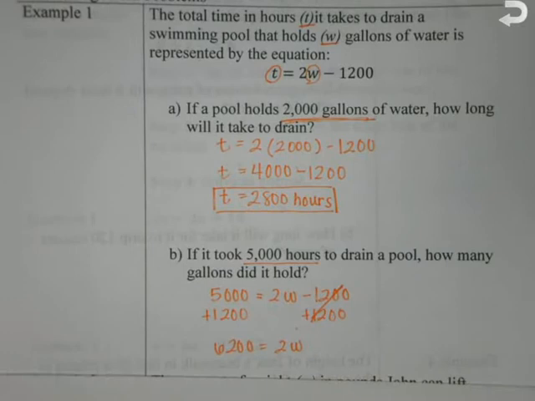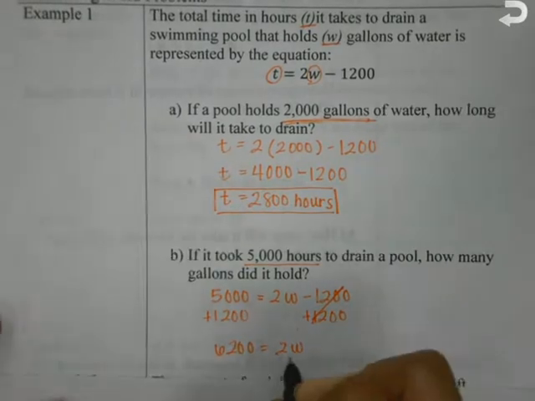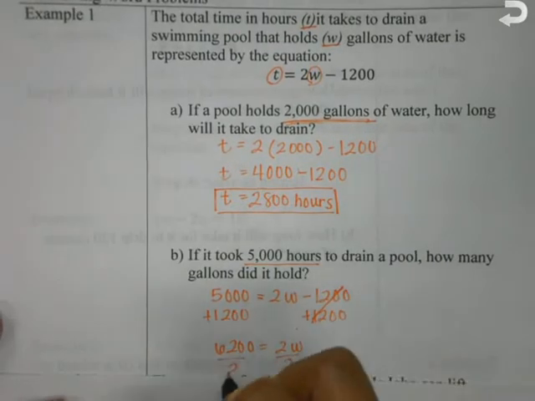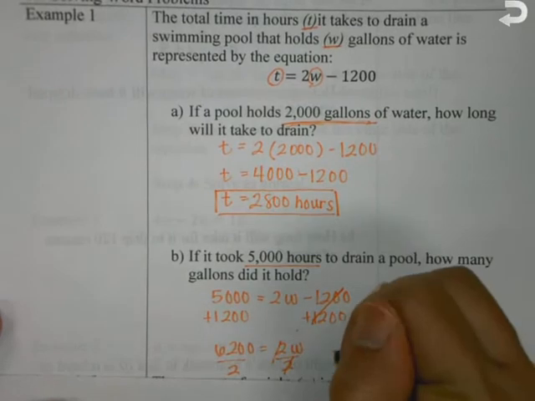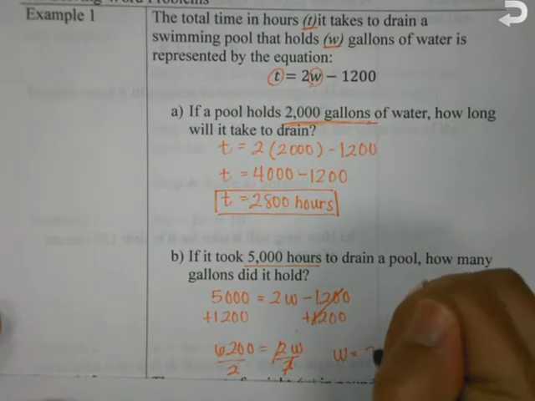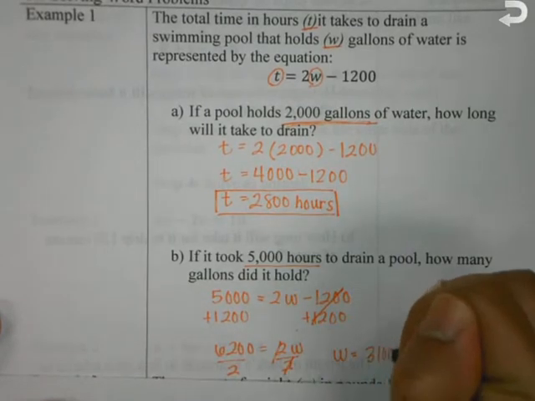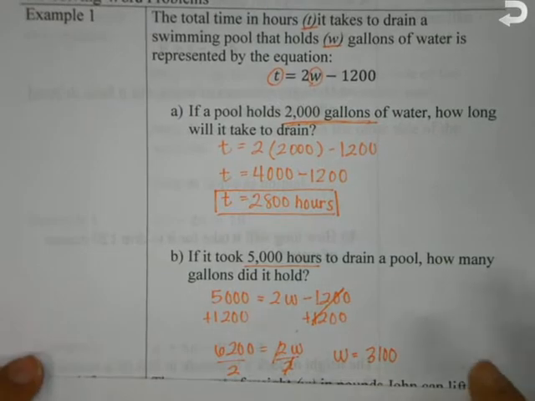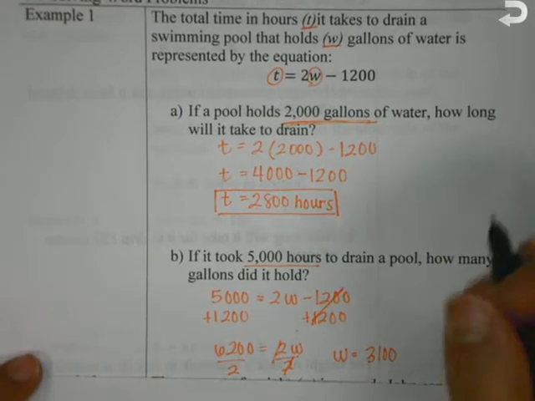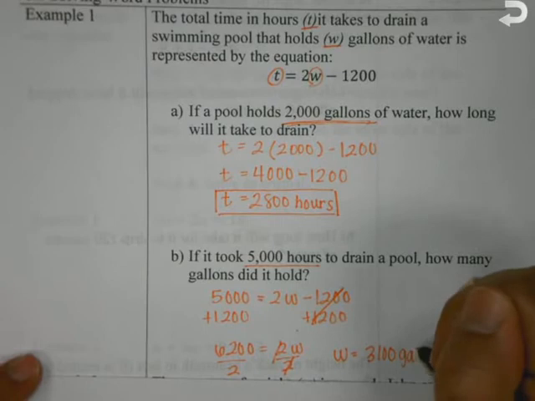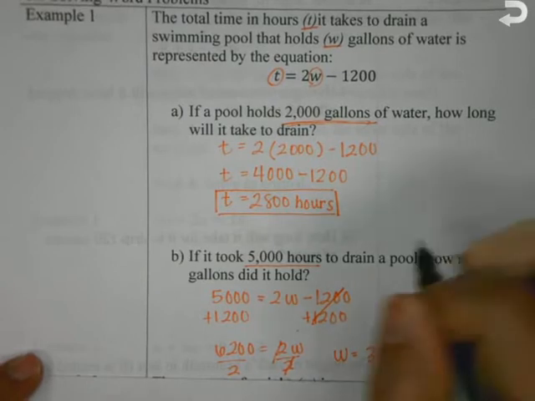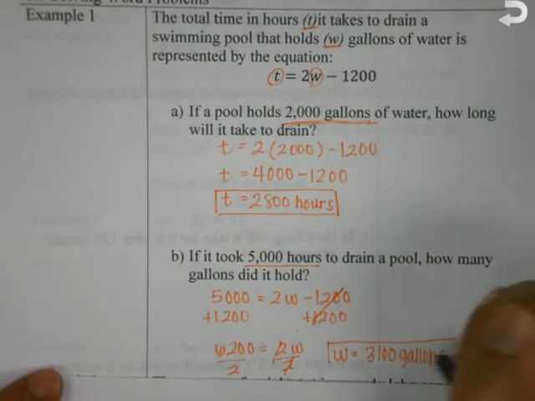So then what do we do? Divide by 2. So then W equals 3,100 what? What's W? Gallons. Thank you. So make sure you write gallons in your answer.